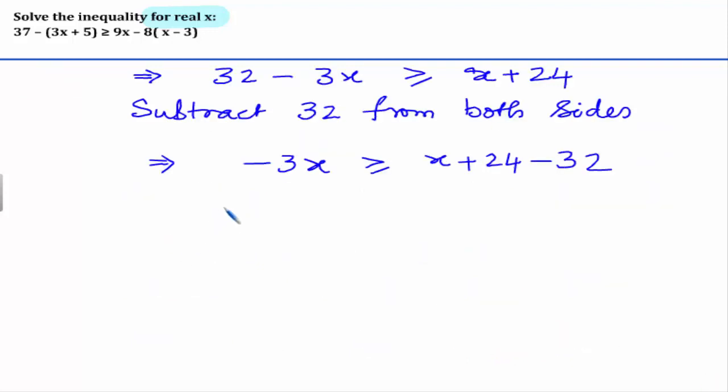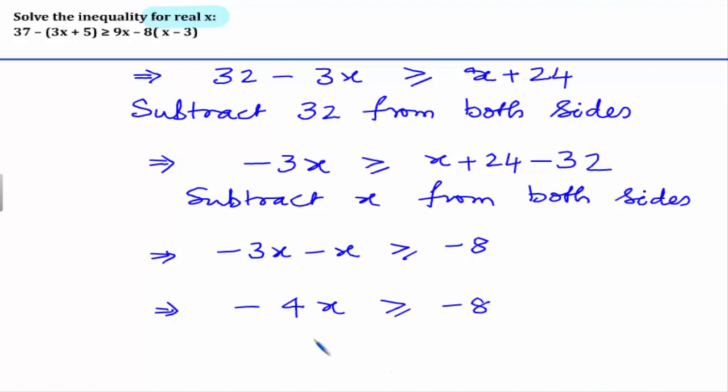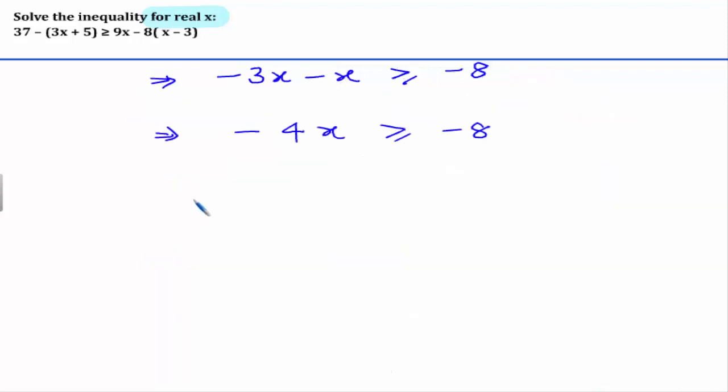Now let us subtract x from both sides, and we get minus 3x minus x greater than or equal to minus 8, and this will give us minus 4x greater than or equal to minus 8. Now to get the solution for x, let us divide both sides by minus 4.